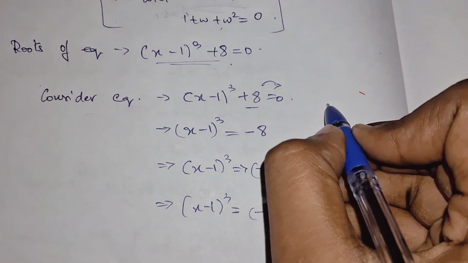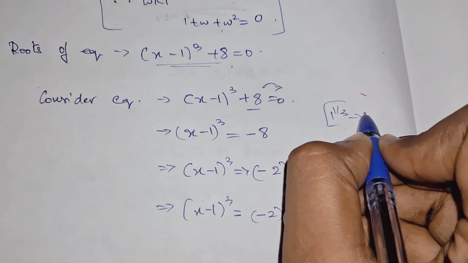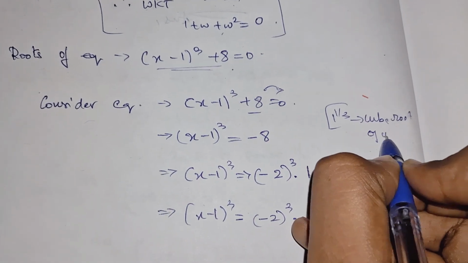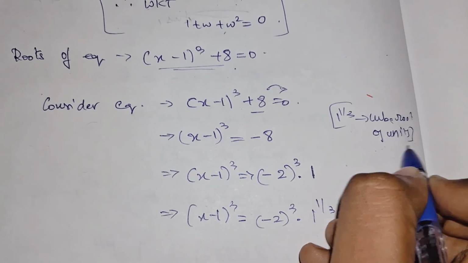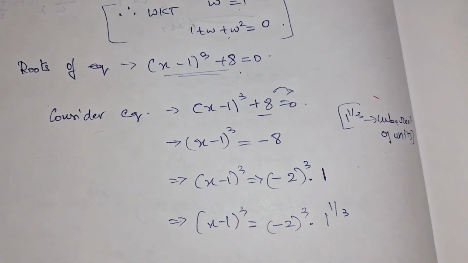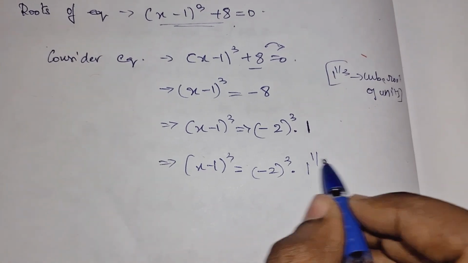Why? Because 1 to the power 1 by 3 is nothing but the cube root of unity, so we can substitute 1, omega and omega square there. That's the reason I'm writing it.